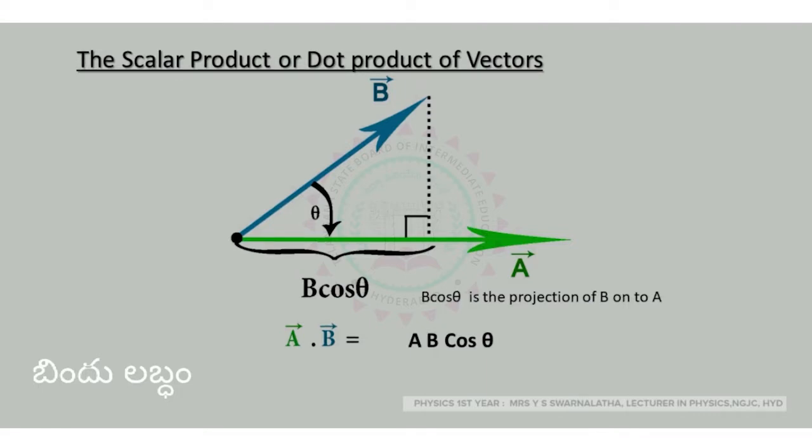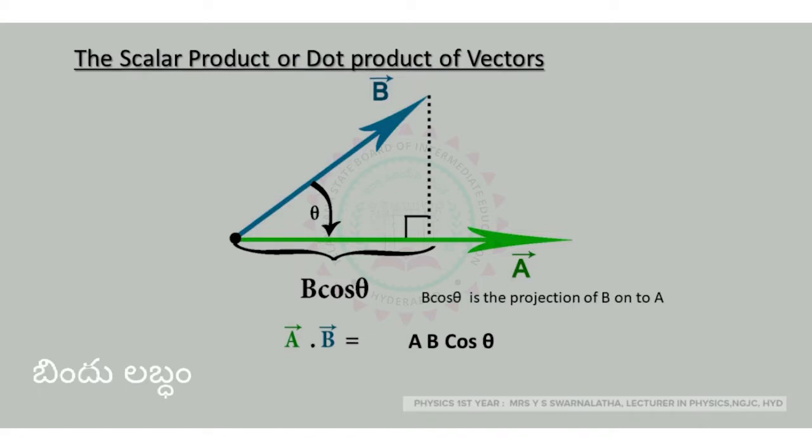B cos theta ఇంటూ A చేస్తే AB cos theta. సో బిందు లబ్ధము A bar డాట్ B bar is equal to AB cos theta.